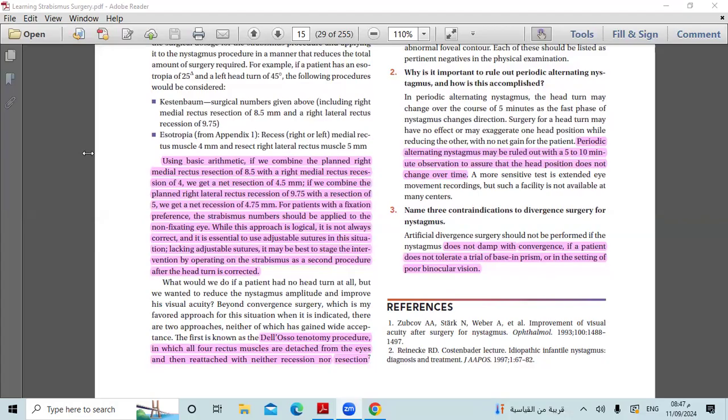It will go inward, you mean? Yes, yes. If you recess the recti muscle behind the equator of the eye, the new action of this muscle is like a retractor muscle.